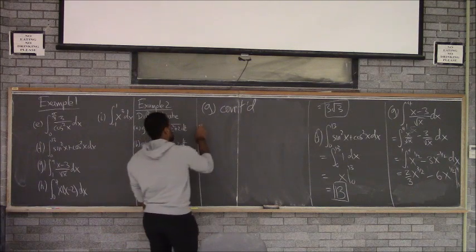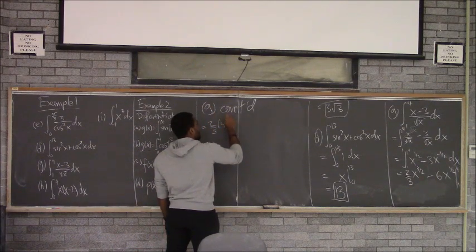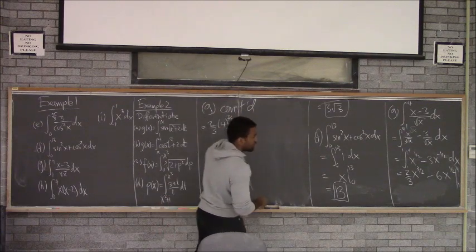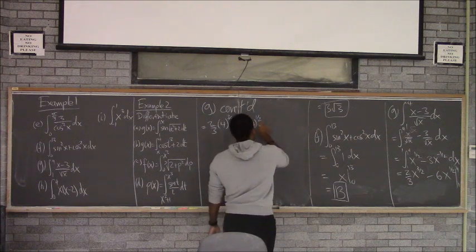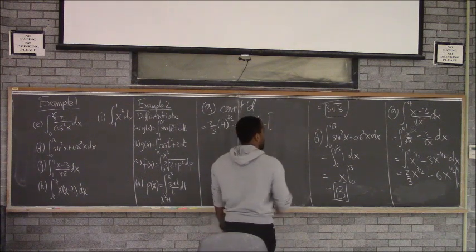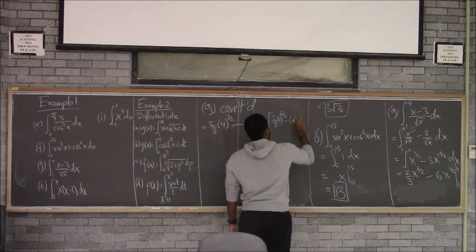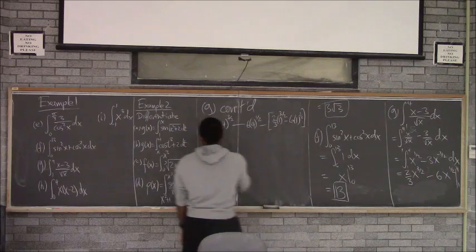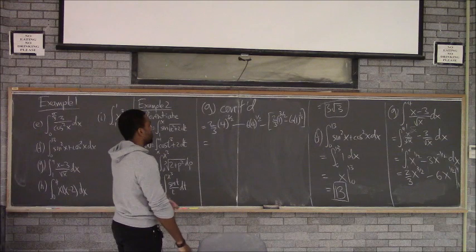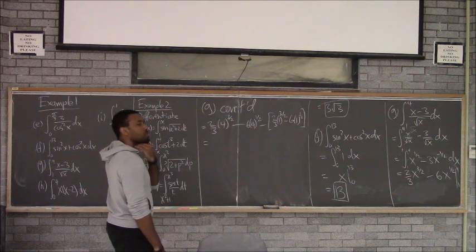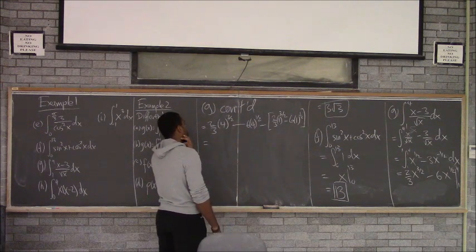Minus, now you're going to plug in the bottom number, 2/3 times 1 minus 6 times 1. 4 to the 3 halves is 8, because that's the square root of 4 cubed.